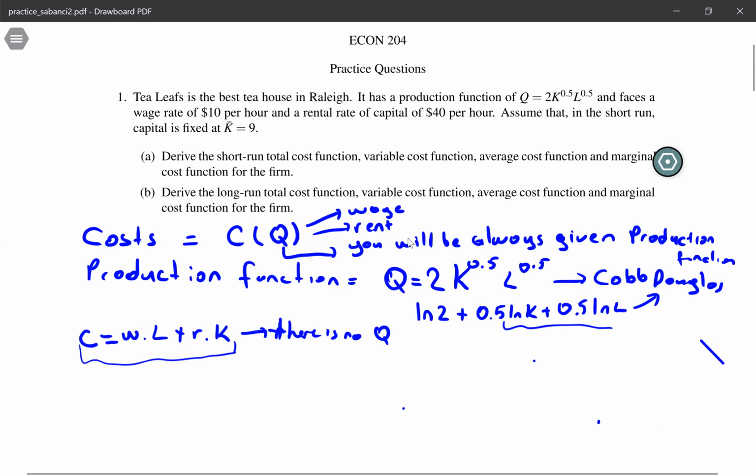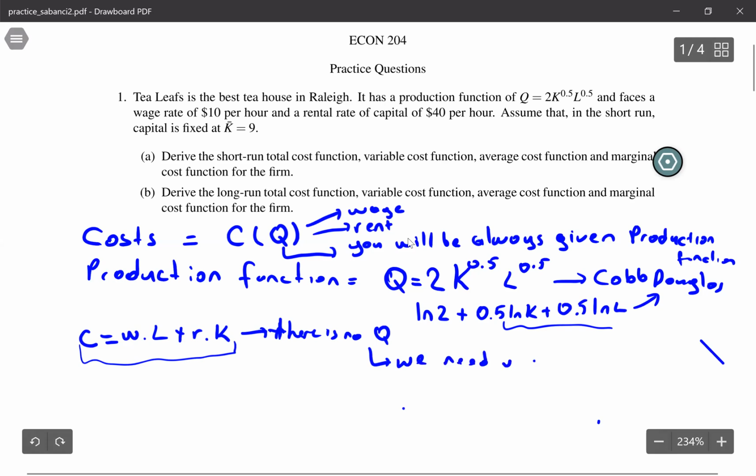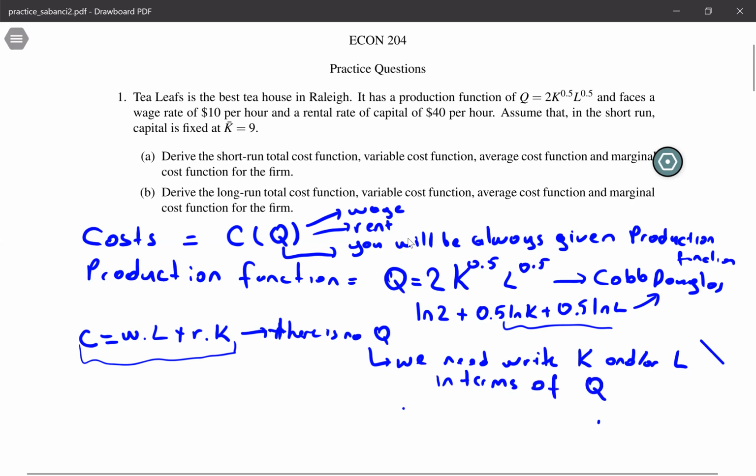Which means that we need to write K and/or L in terms of quantity. That is our strategy here.